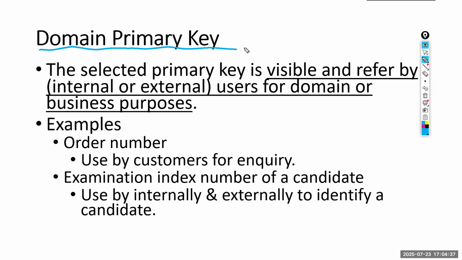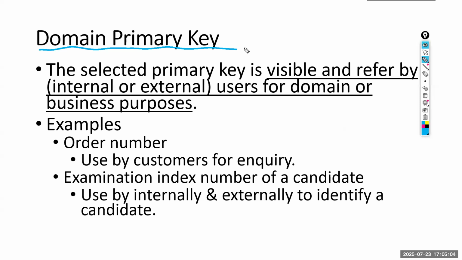For example, when you refer to your account in your bank, you always refer to the account number, right? You go to the ATM machine and you need to select your account number. That means you must know your account number. For example, when you transfer your money for the classes, I give you the account number, right?